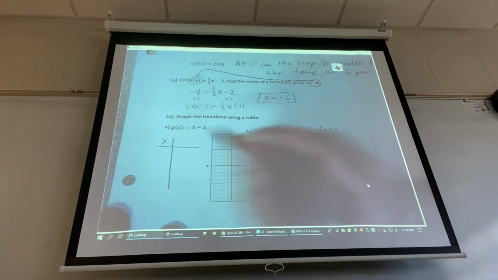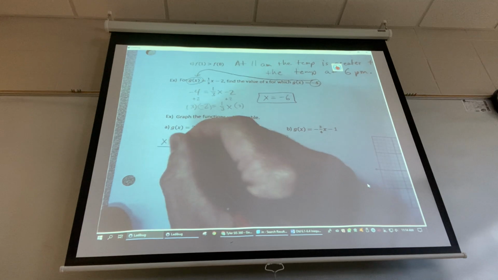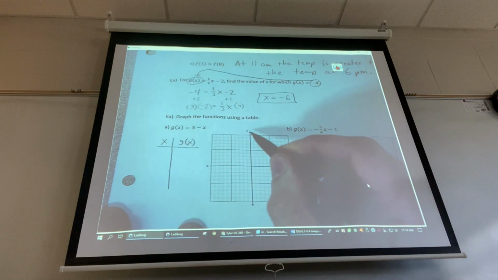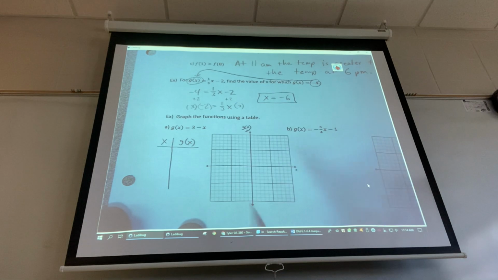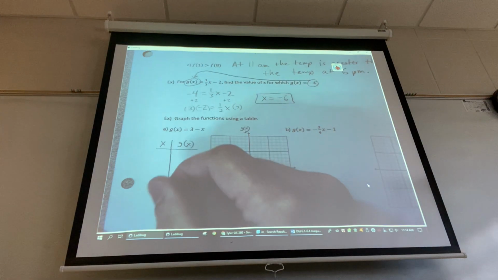Now, we could call it X and Y, or we could call it X and G of X if you want. And what you could do is on the graph, mark out that Y and write G of X. But is everybody clear that G of X is just kind of replacing Y? It is Y.